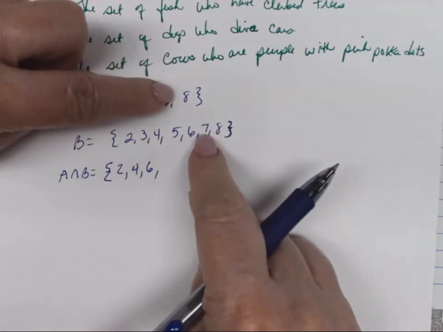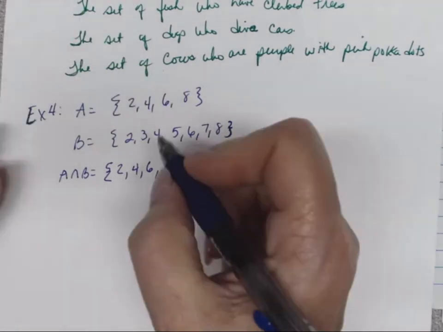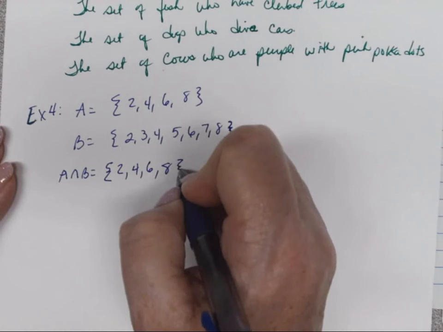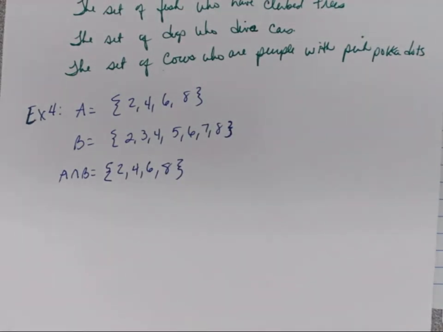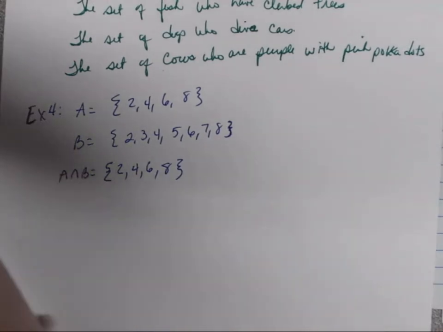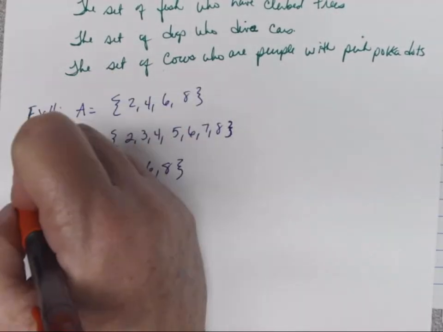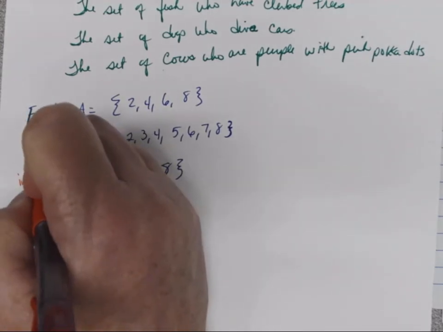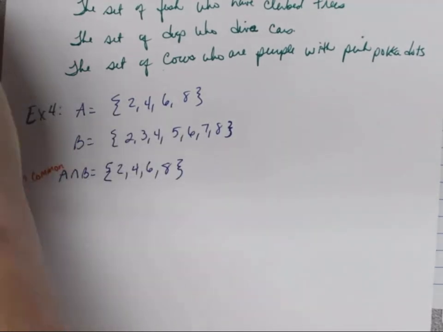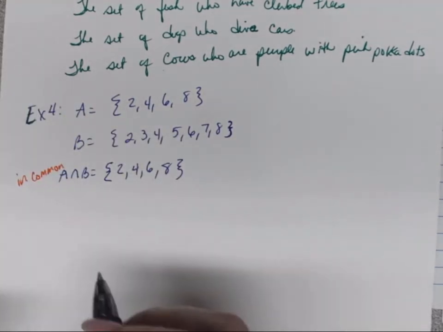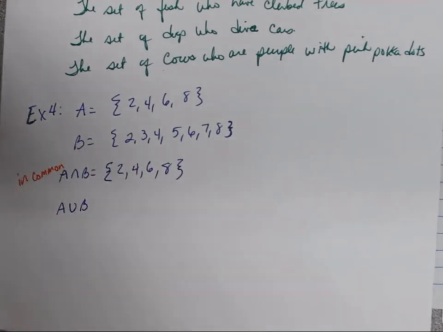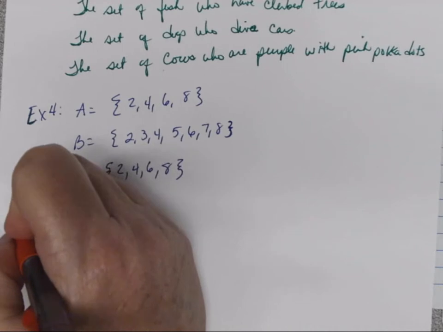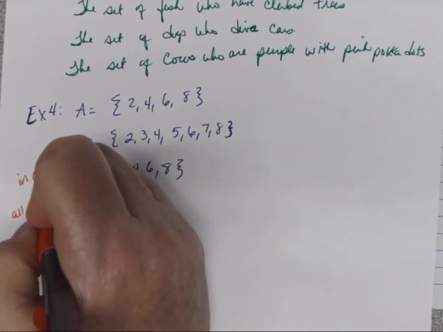They don't both have 7, but they both have 8. So this is my intersection. That's what they both have in common. So we can make a side note here that this is the in common part.